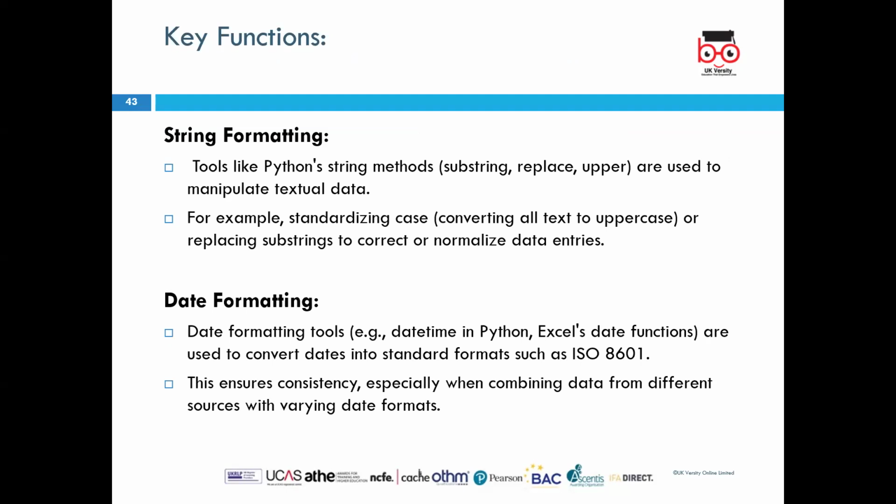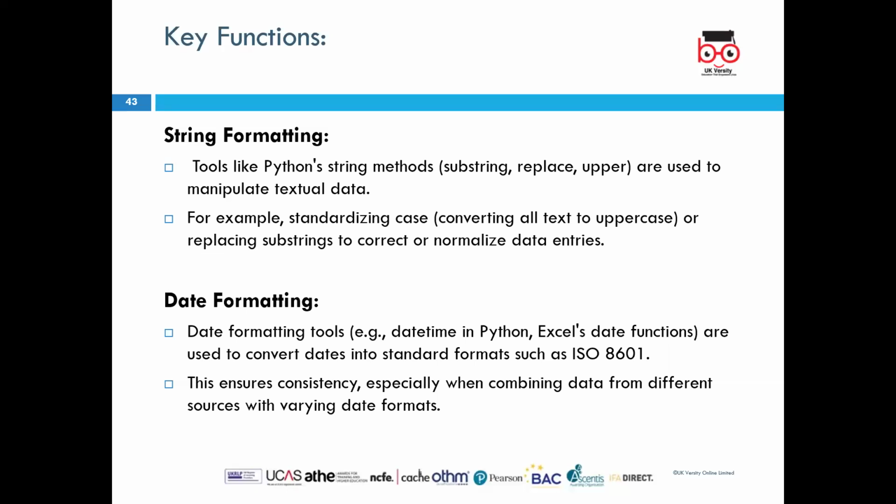We now have string formatting, where tools like Python string methods are used to manipulate textual data. For example, standardizing case, converting all text to uppercase, or replacing substrings to correct or normalize data entries.